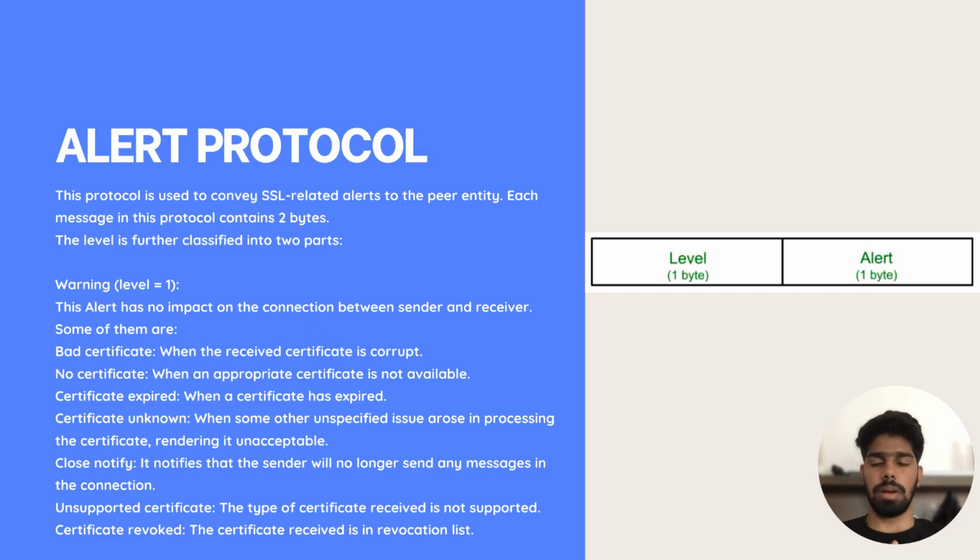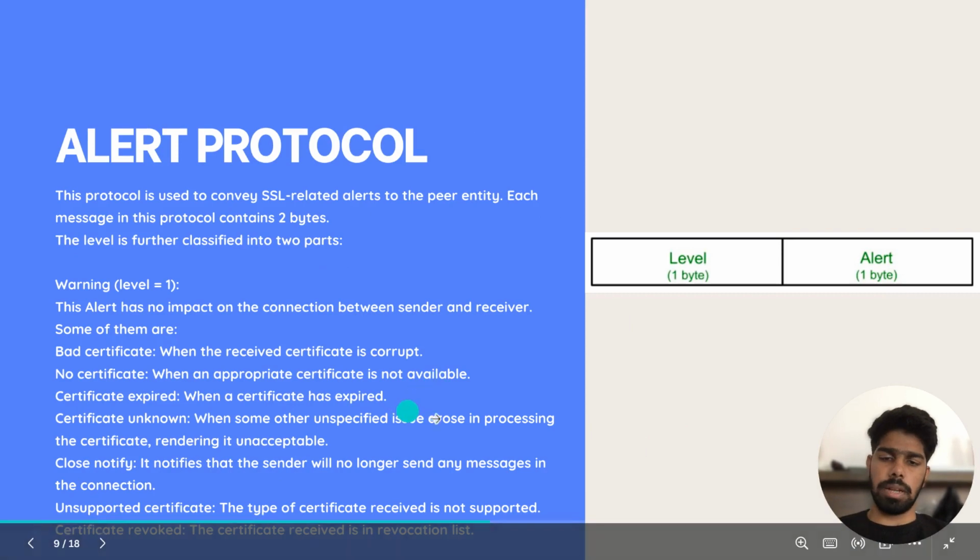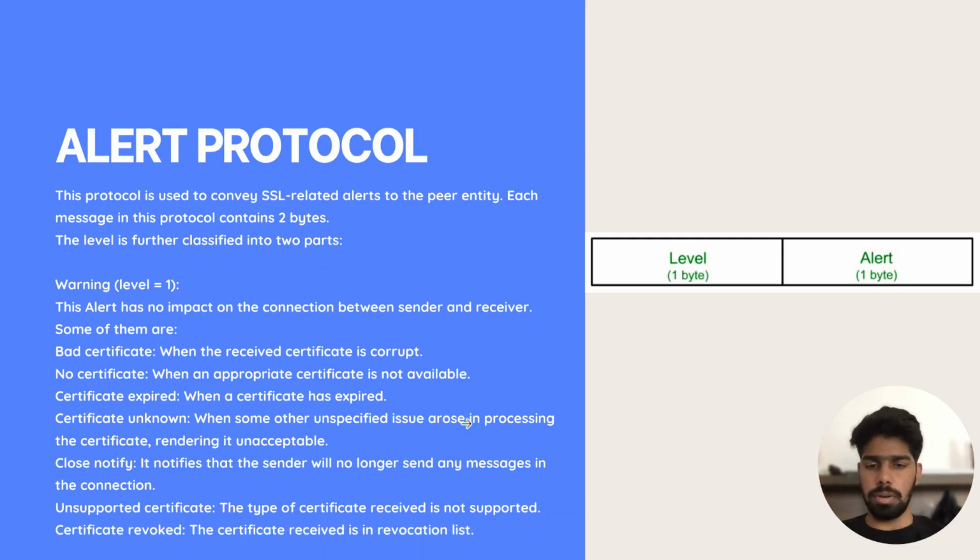Some of the alerts are bad certificate error, no certificate, expired certificate, certificate unknown. Some other unspecified issue arose in the processing, rendering it unacceptable. Close notify notifies that the sender will no longer send any messages in the connection.